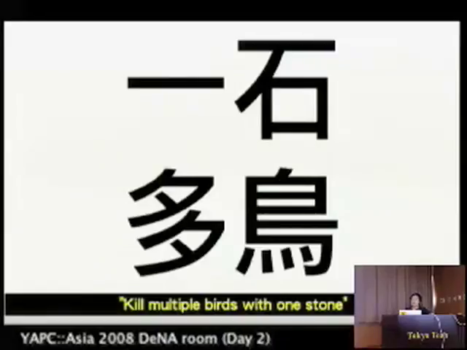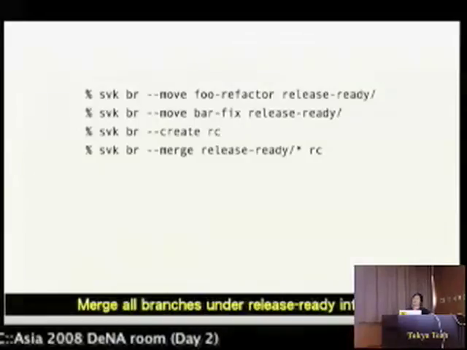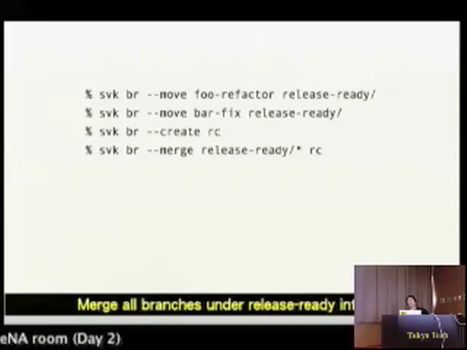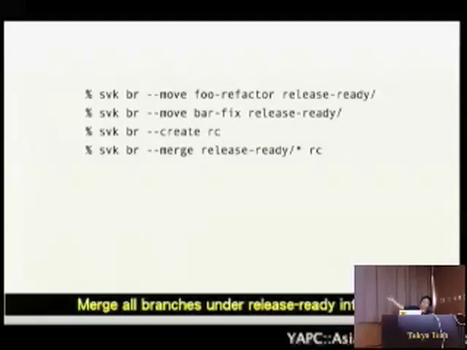And actually, you can do more in one command. As I mentioned earlier, in the diagram you saw for the feature-based development, you can merge multiple branches in one go into another branch, for example, RC here. So this particular workflow is like when you have a branch, whether it's refactoring, feature branch, or bug fix, you move the branch to release ready, just like marking as done.